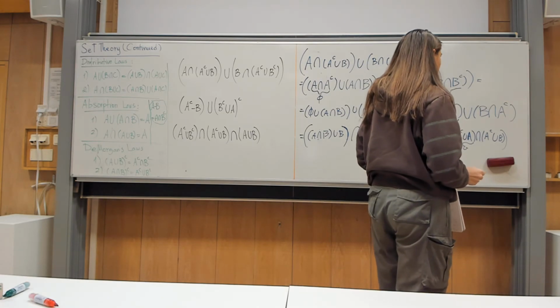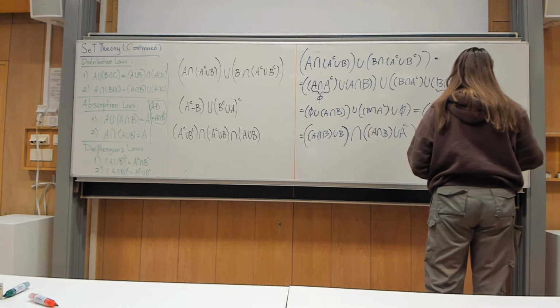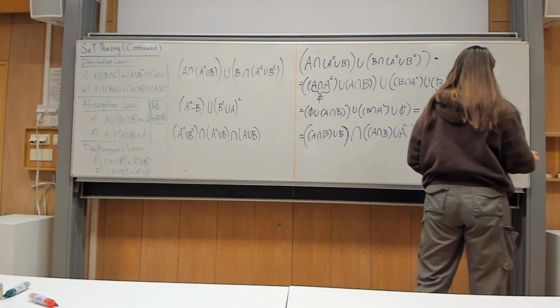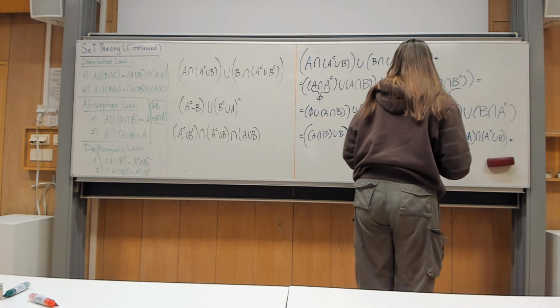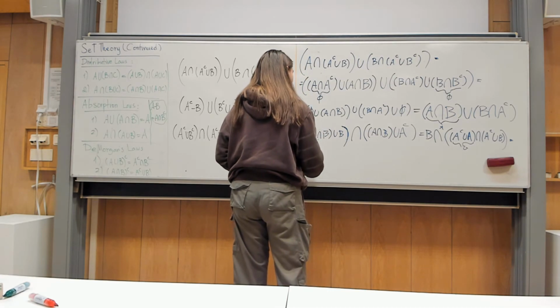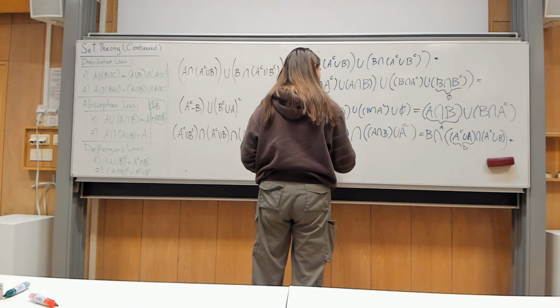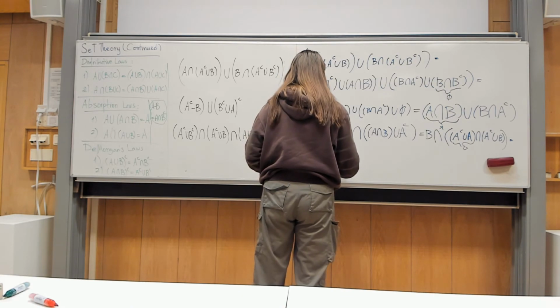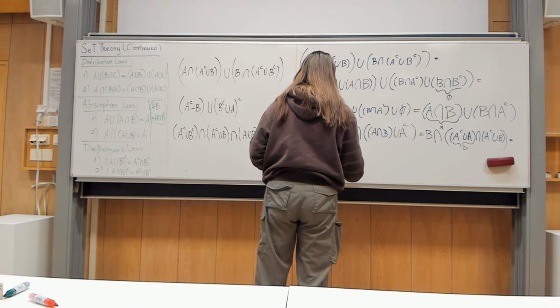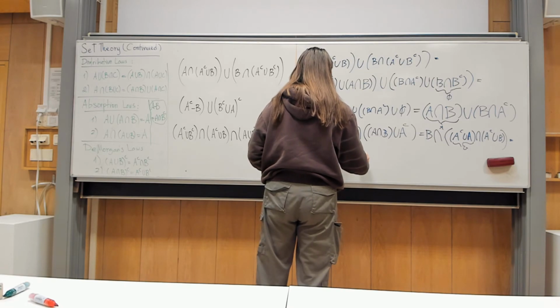And then the universal set intersection with every set is? The set itself. So just go to the next line. Okay, it's 99% finished. And what's the answer to this?